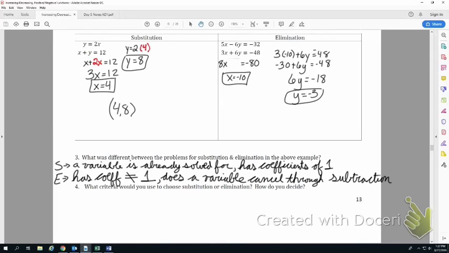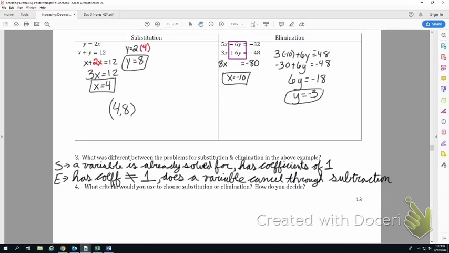If I have a variable that's by itself, no coefficient, I'm going to use substitution 100% of the time. All right? I'm normally only going to use elimination if this situation is there. A variable obviously cancels out. It does make the problem shorter if that's already there.